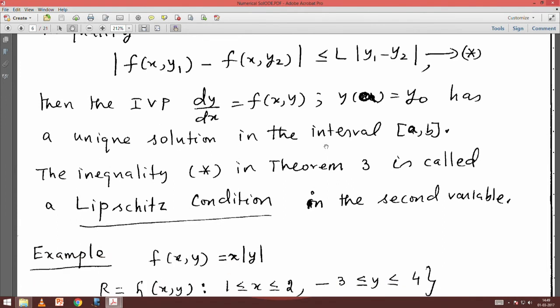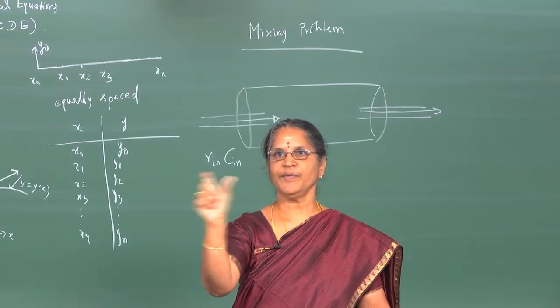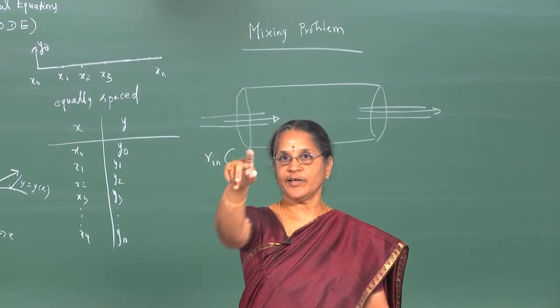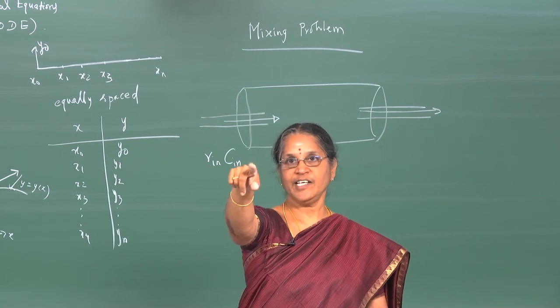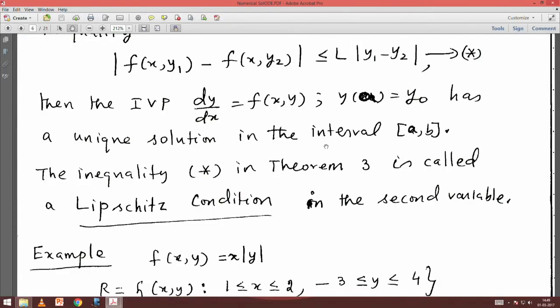So, function f must be continuous, and f must satisfy a Lipschitz condition in the second variable. Then the theorem asserts that the initial value problem has a unique solution in an interval of the form a to b. Just observe that the initial condition is specified at the left end point a of the interval [a, b]. y(a) = y naught.